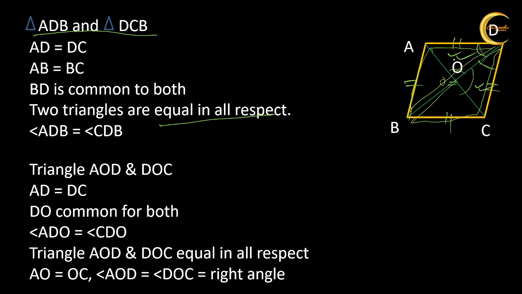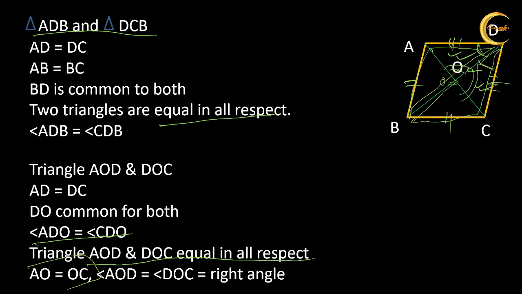Here AD equals DC, and these two angles are equal, meaning angle ADO equals angle ODC, and DO is common to both triangles. So we can say these two triangles AOD and DOC are equal in all respects, and we can say AO equals OC, and angle AOD equals angle DOC.